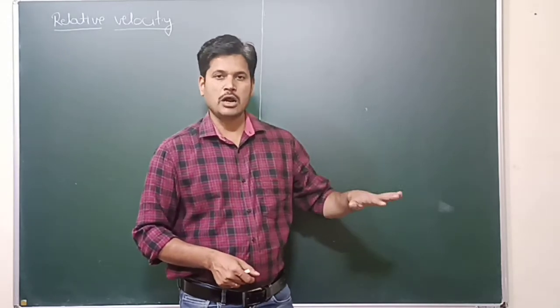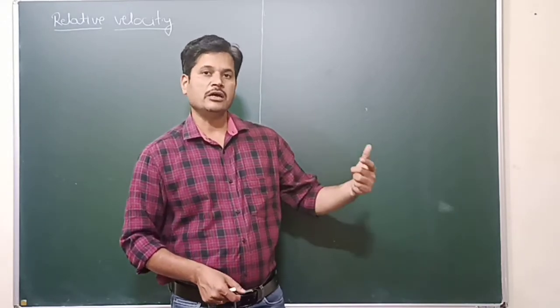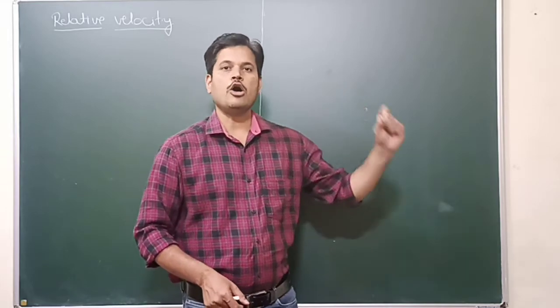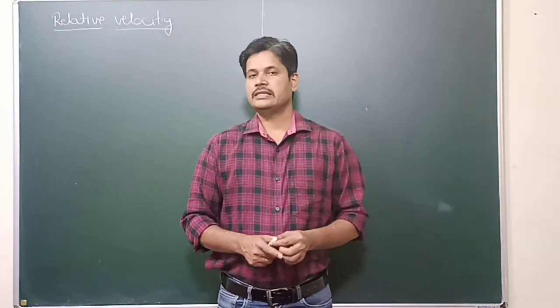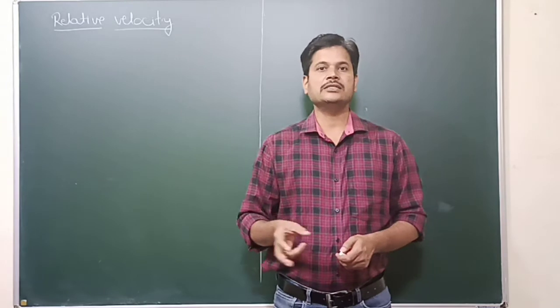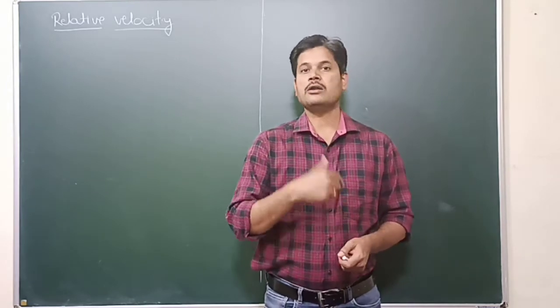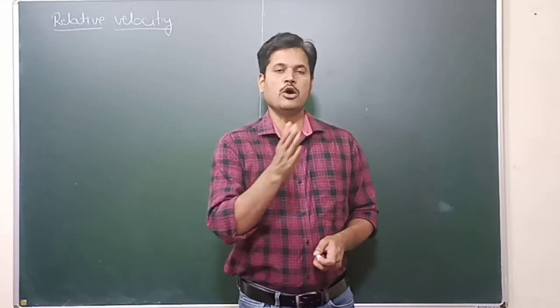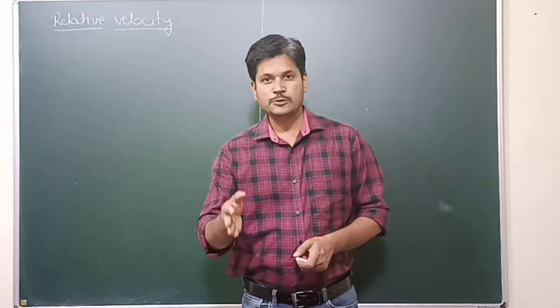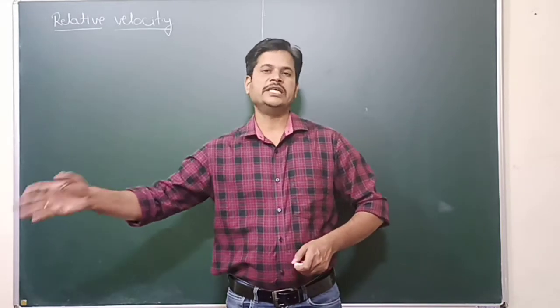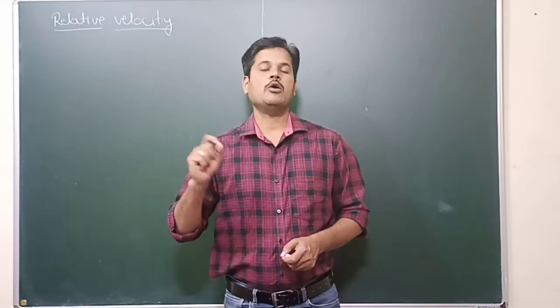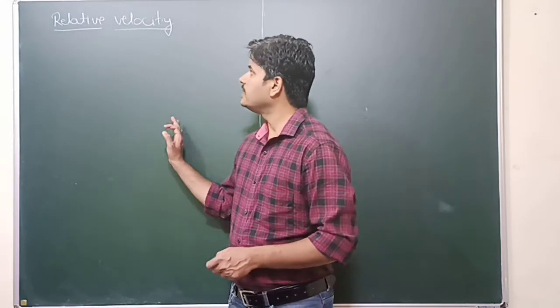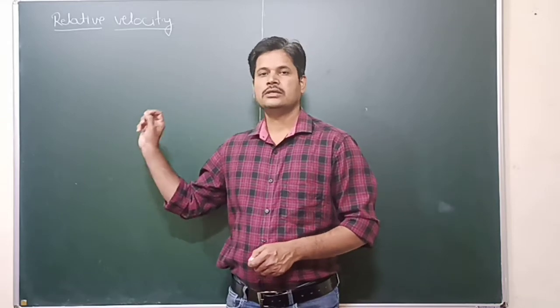With respect to the ground, we tell the velocity of that moving object. But here in this case we have to consider two objects which are moving. Then what is the relative velocity of one object with respect to the other object, and how can we calculate it? In this video we are going to discuss that.